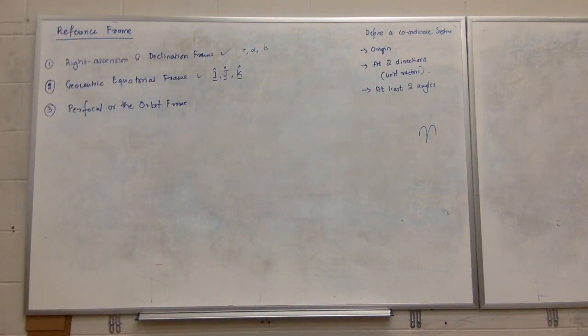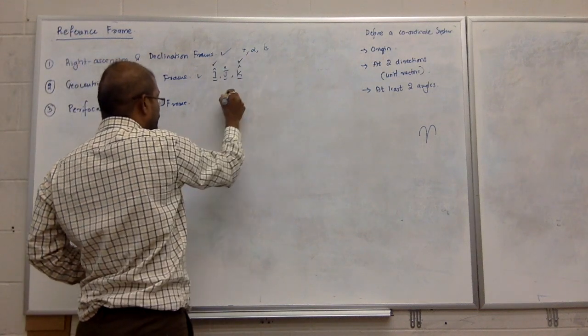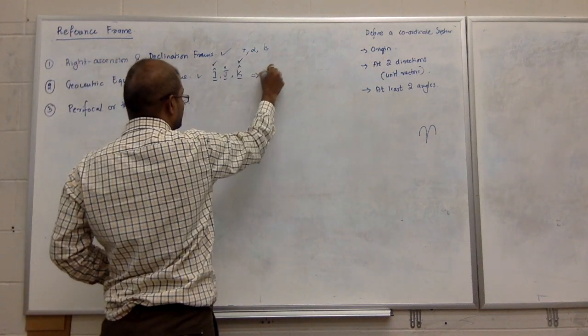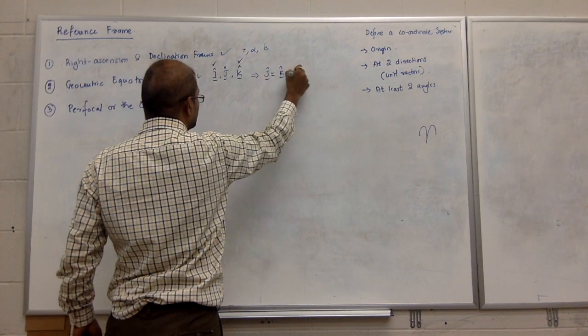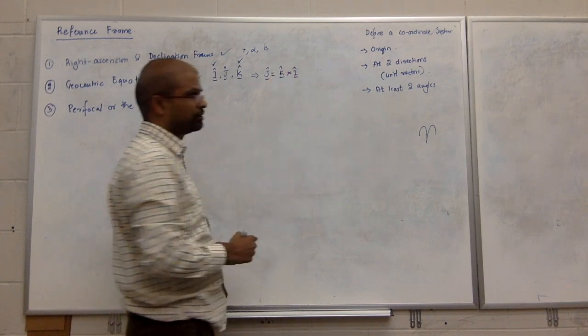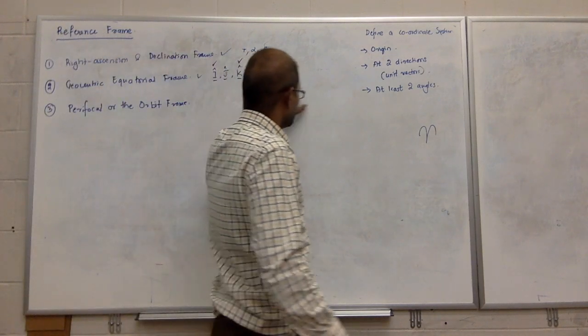So this axis of rotation is the other direction. You define this as K. You define this. What is J? J is simply K crossed with I. You define three directions.